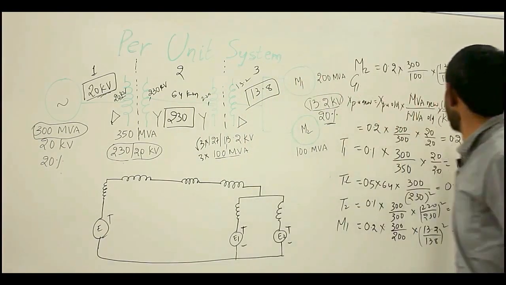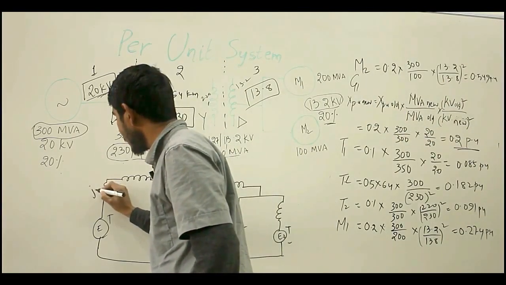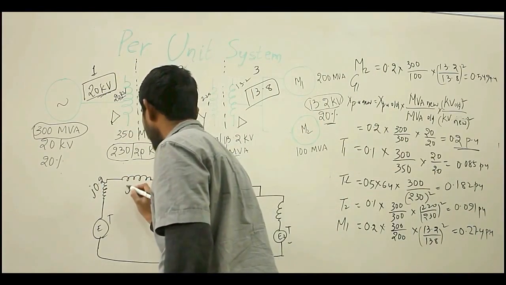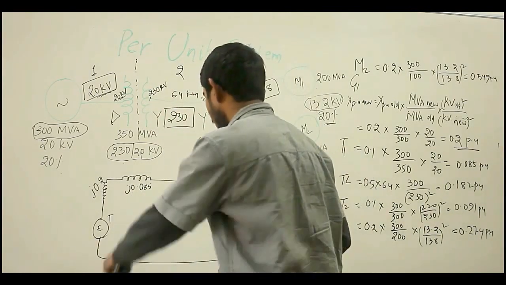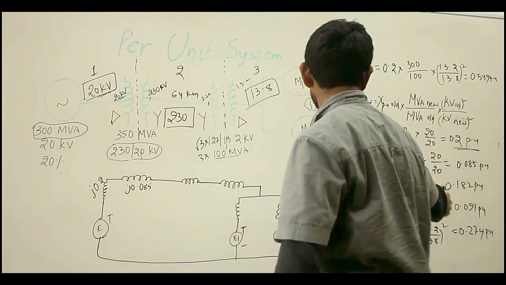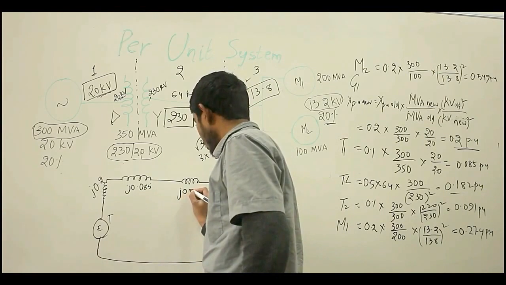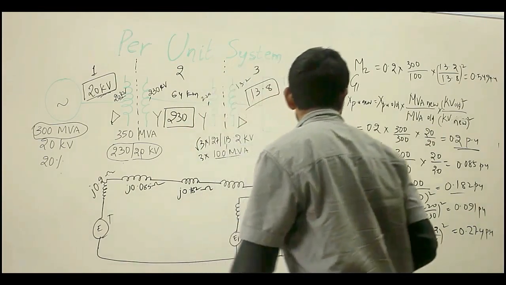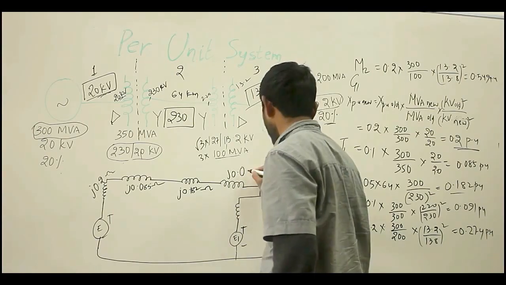Now we know for the generator G1 we have found the reactance as 0.2 per unit, that is this can be written as J 0.2. For the transformer T1 it is J 0.085. As these are imaginary, I am writing here J, or you can say the reactive part, we are writing it as J, and for the transmission line the TL, the impedance is J 0.182, and for the transformer T2 I am having J 0.091.